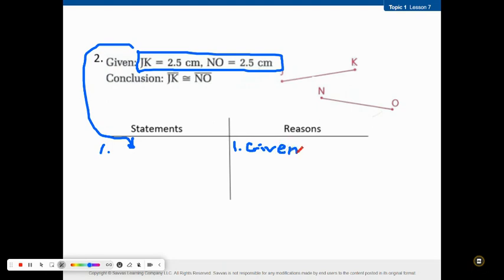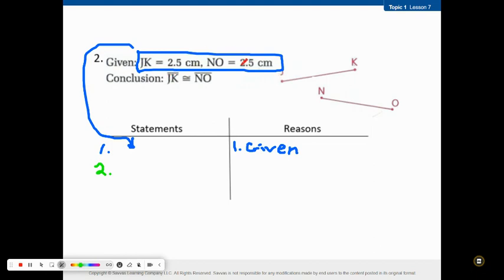Now, if both of these are equal, remember yesterday we did discuss that these do not have a line on top, so we are talking about measures, okay? So someone tell me, for step 2, what is that going to look like here?